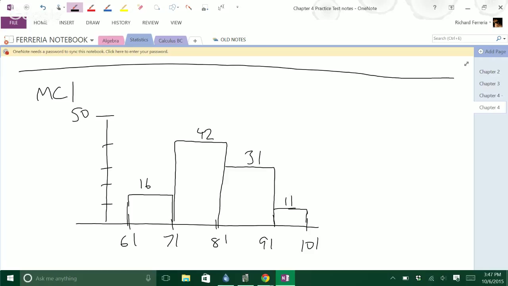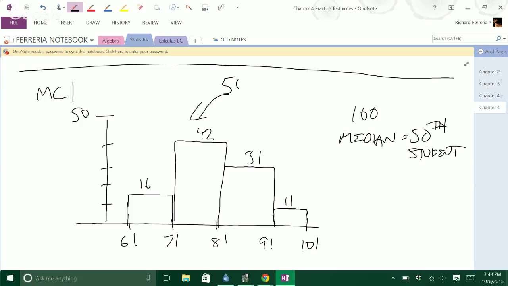So the question is, when will we hit the median student? The median student of a class of 100, median is equal to the 50th student, right? So that 50th student, it's kind of easy to see now. That 50th student should be somewhere here, right?